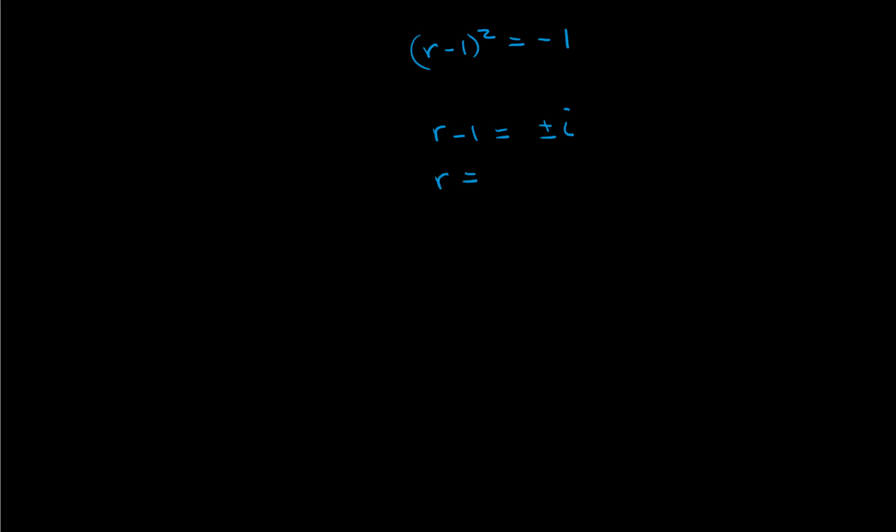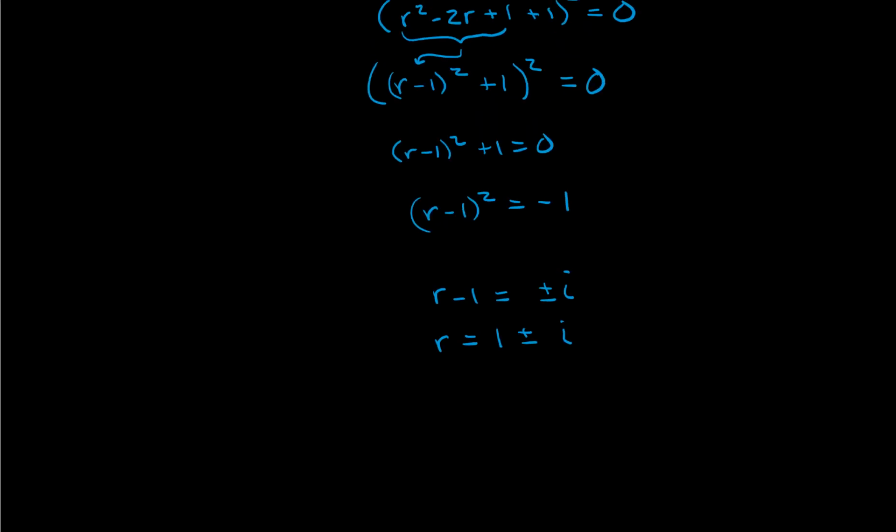And this gives us r equals 1 plus or minus 1 times i. This is actually a double root. It's a double root because it occurs twice. Yeah, we have a double root.